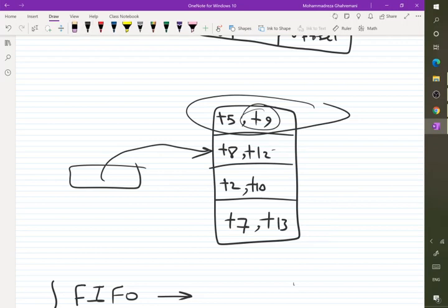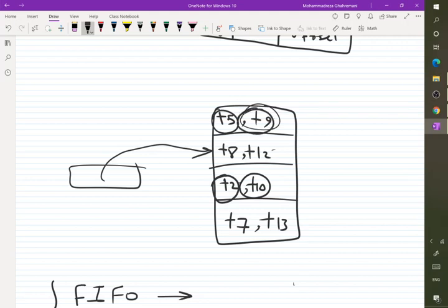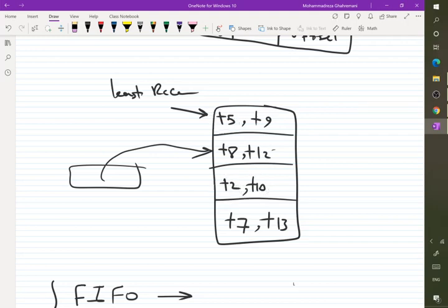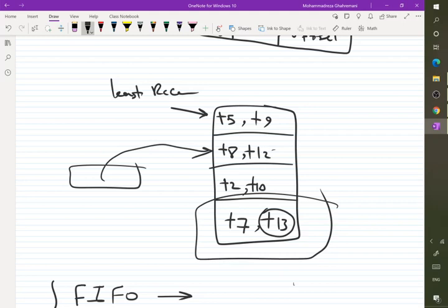So although T2 was copied before T5, because T2 was accessed at T10 and this one at T9, this block will be considered least recently used. And most recently used is the opposite of least recently used. Of course, most recently used is this block, and this block will be used to hold the new data.